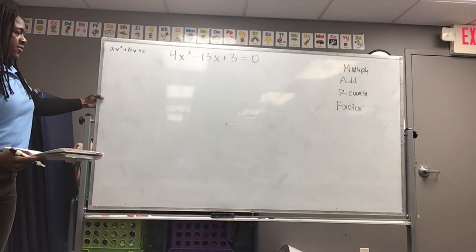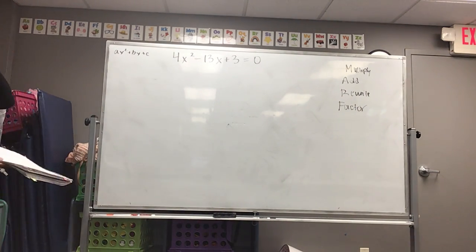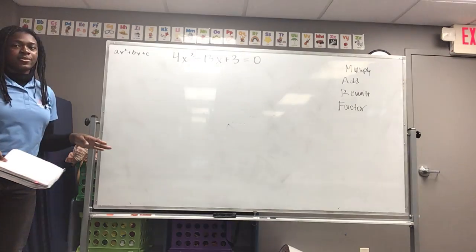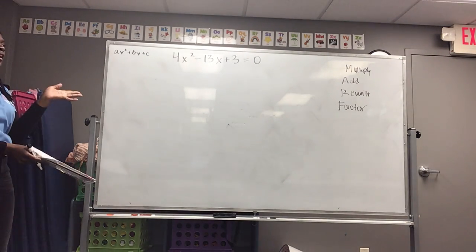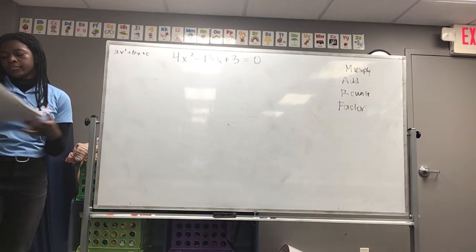For this one, it's 4x squared minus 13x plus 3 is equal to 0. There should be two solutions, and I'll tell you right now that one of them is a fraction.